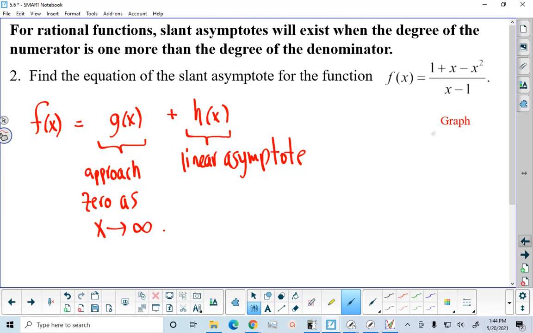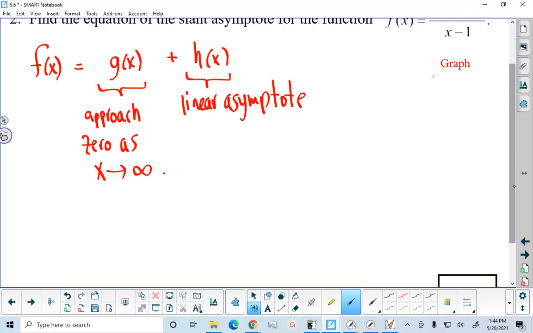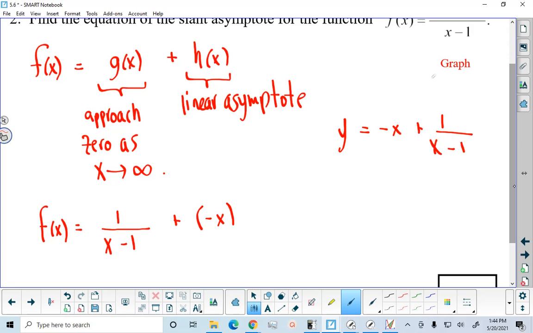So in this example, we can write f of x as 1 over x minus 1 plus negative x. Notice on the page that I just came from, I said that y was equal to negative x plus 1 over x minus 1.